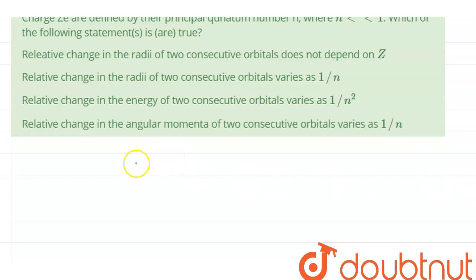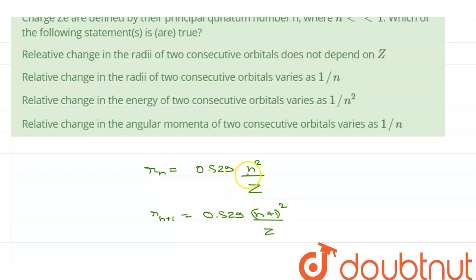So the radius is given by Rn is equal to 0.529 n squared by Z. If we are talking about the relative change in the radii of two consecutive orbitals, let's say the first orbital is n and the second will be Rn plus 1, that is 0.529 (n plus 1) squared divided by Z. As we can clearly see, only the value of n is changing between two consecutive orbitals.